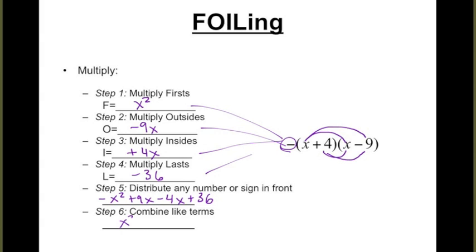So negative x squared plus 5x plus 36 is our final answer. If there's anything in front of the parentheses, we just let it hang out while we do our foiling or our distributing, and then distribute that through to everything, and then combine any like terms. Questions?